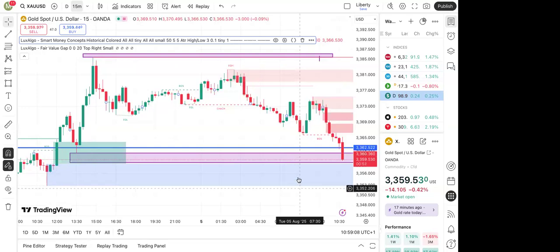And then our TP, our first TP1 will be around 3373.375. Our TP2 will be around 3380.708.